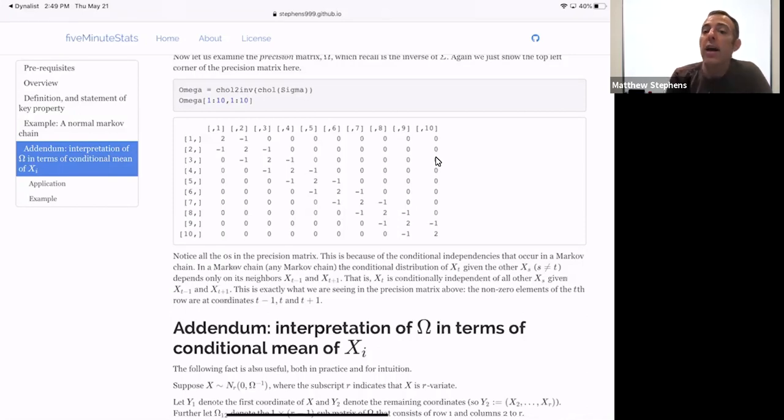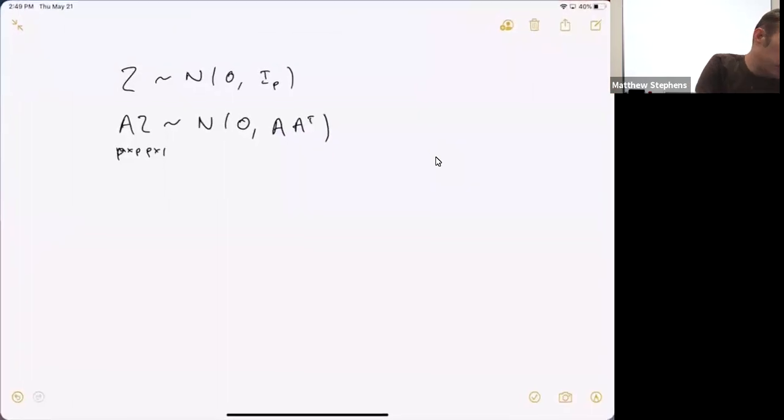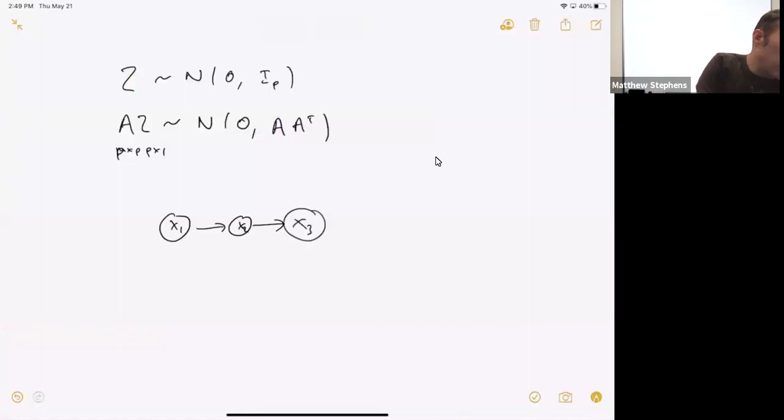Okay, and for a Markov chain, x1, x2, x3, x4, let's say, etc. So given all the other x's, x4 depends only on its neighbors, x3 and x5.